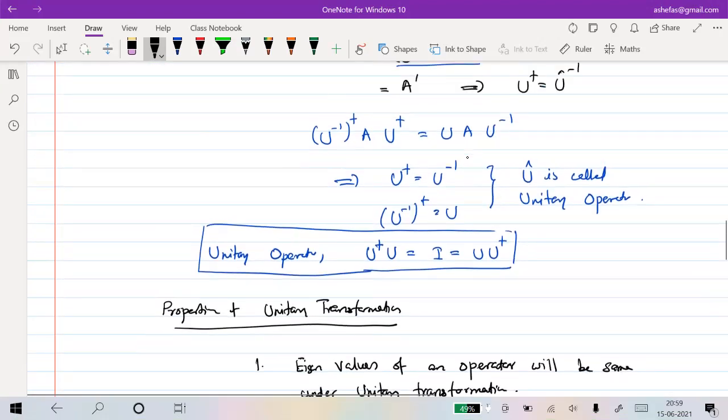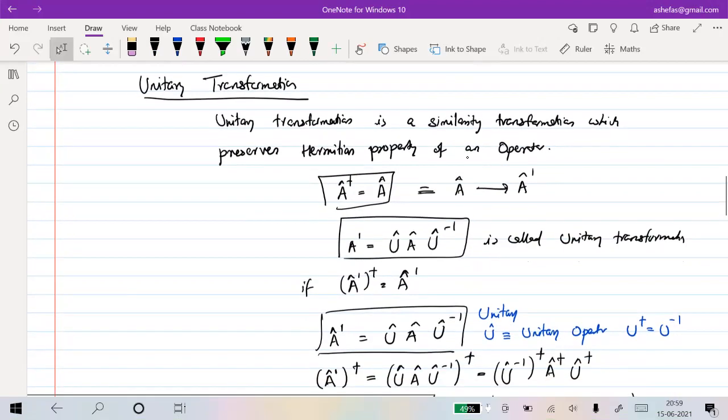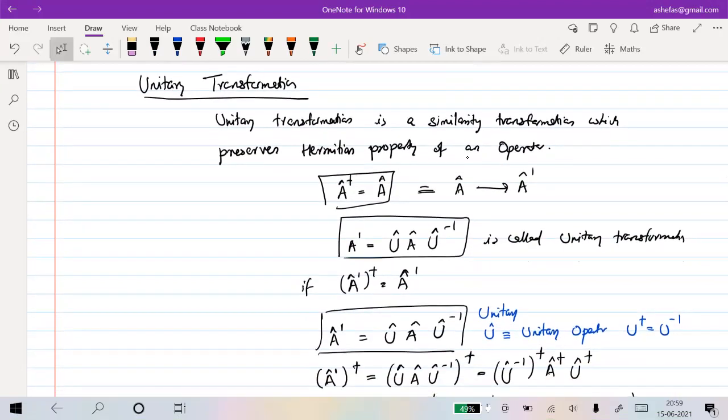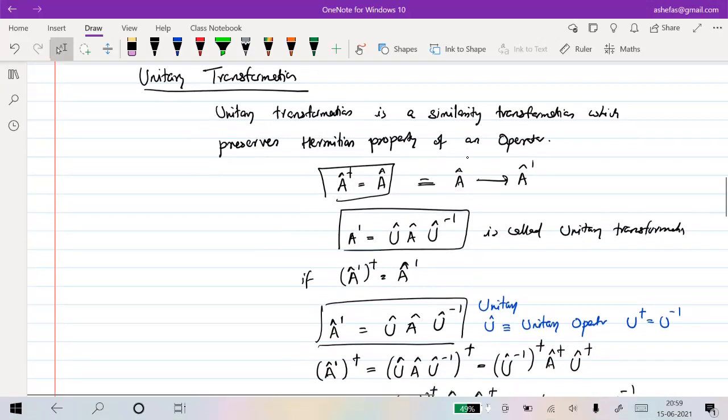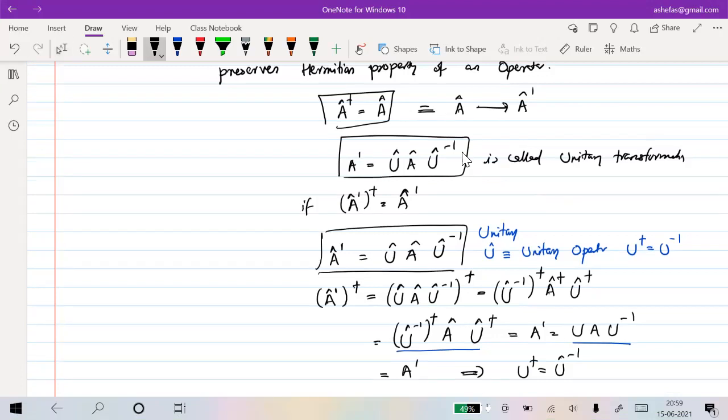So we have defined what is meant by unitary transformation. A transformation is said to be unitary if it preserves the Hermitian property of an operator. In such cases, if A transforms to A prime in the way U A U inverse, then this U must be a unitary operator.